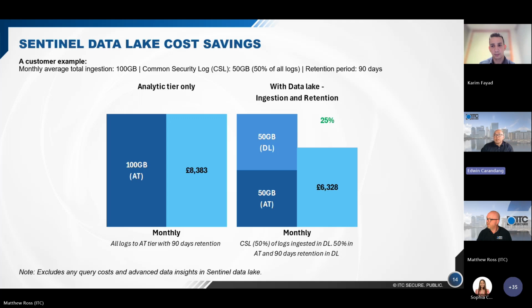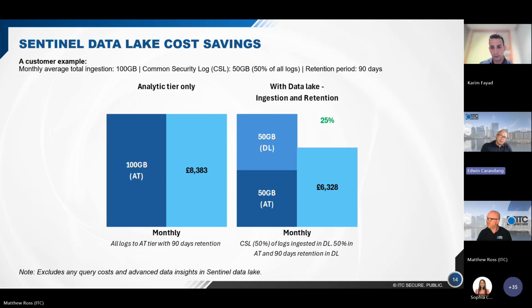So this is using the Sentinel calculator to generate this example. And then as a footnote, this doesn't include any query or advanced data insights that you may want to run on the data in the data lake tier. So really to benefit from Sentinel Data Lake, you have to look at different types of logs.